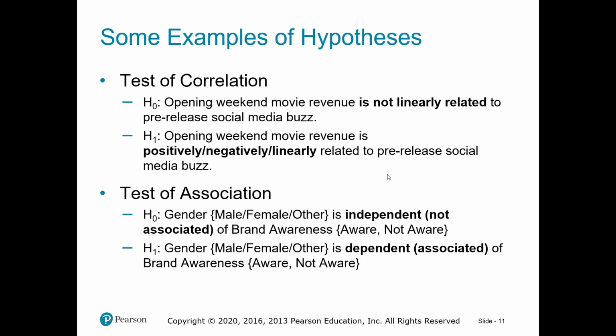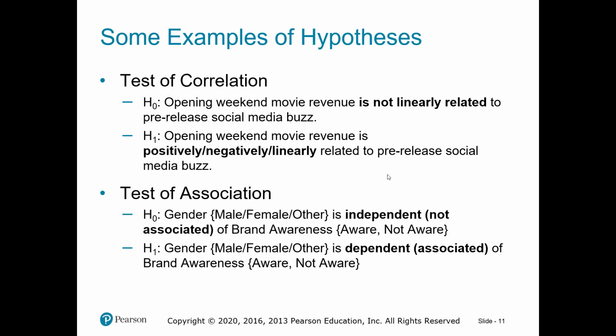And lastly, we're going to look at a test of association of qualitative variables. My little example is, imagine that we have some sort of cell phone gaming app, and we're worried that we have very low awareness among female consumers. So we want to see if gender is independent, i.e., not associated with brand awareness, or whether gender is dependent, which is the alternative hypothesis we're trying to prove.